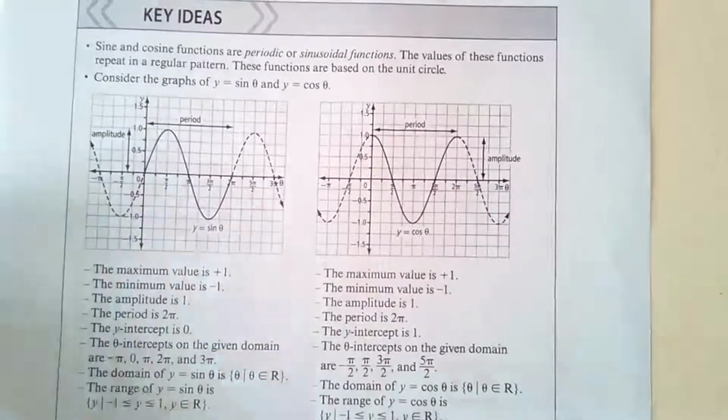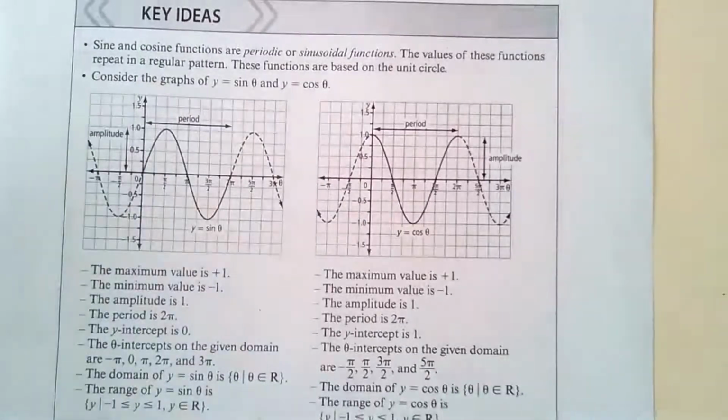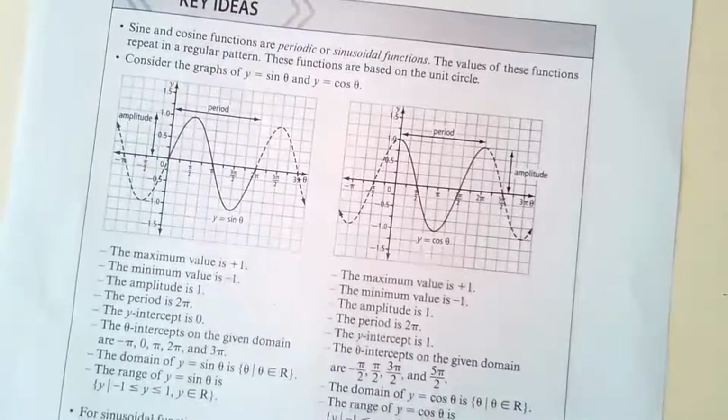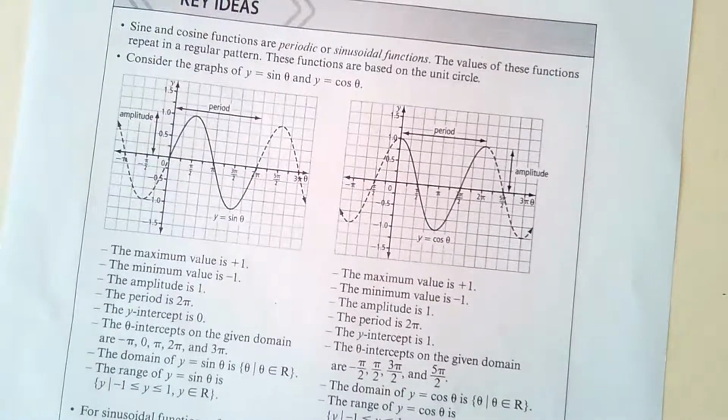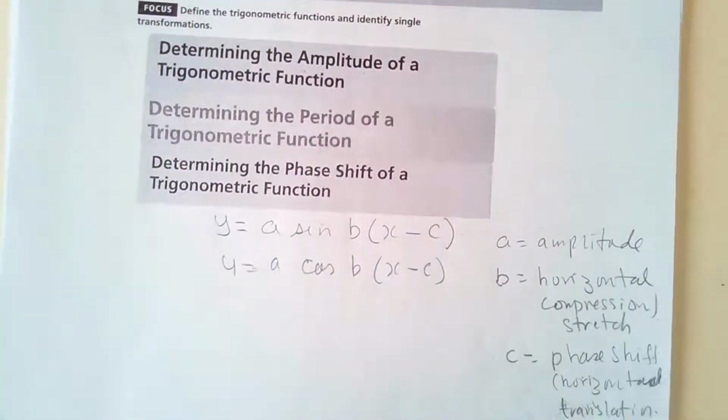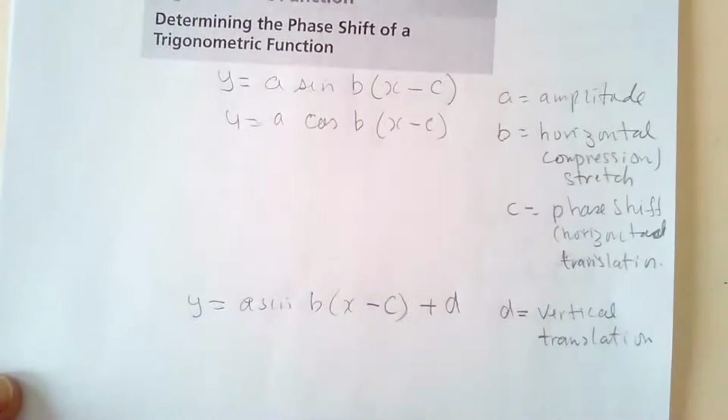The next lesson, we're going to look at a combination of translation. So instead of just looking at one, we're looking at a combination of translation and compression. So we'll take what we've learned today and extend it.